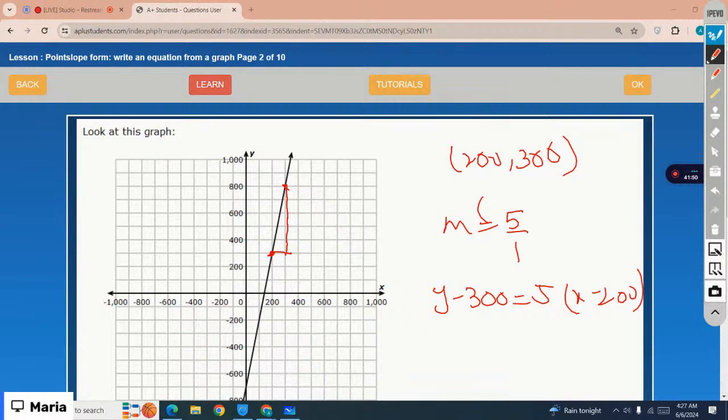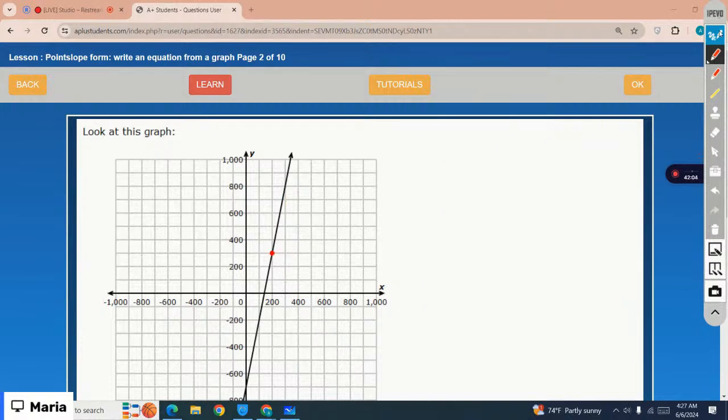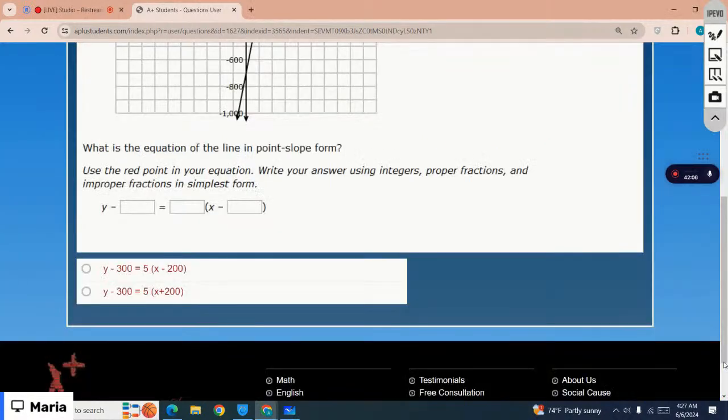The correct option is y minus 300 equals 5 times x minus 200. Option number 1 is the correct option. Got it?